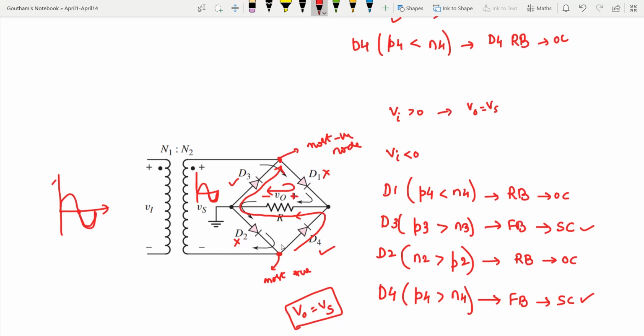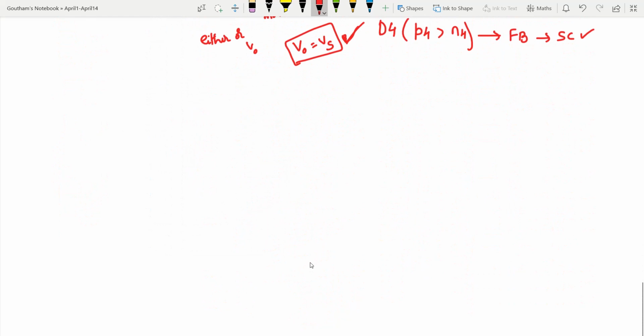In the negative half cycle, the current is flowing from D4 to D3, so the current is flowing in the same direction. That means V0 will have the same polarity in either the positive half cycle or the negative half cycle, and it will be equal to Vs.